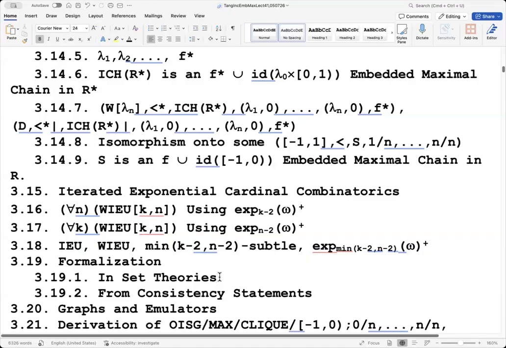One is which set theories, or regular standard systems, which maybe I should say in standard theories. That's what I really want to say. In standard theories, which standard theories, because I'm going to be looking at Z3, for example, which most people don't call set theory, third order arithmetic, something like that. So I say in standard theories, and then from consistency statements.